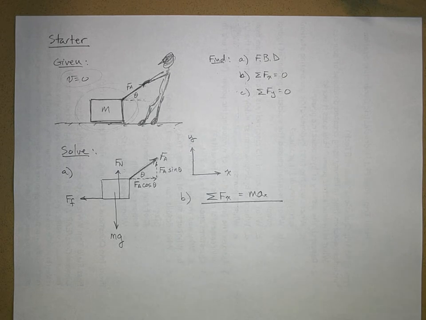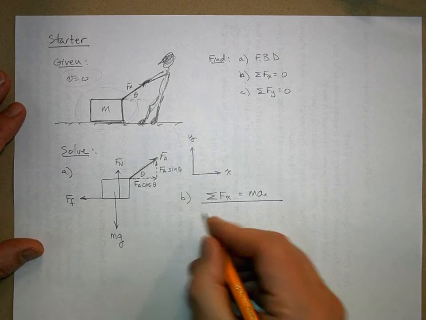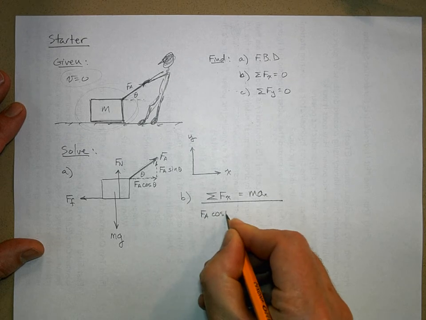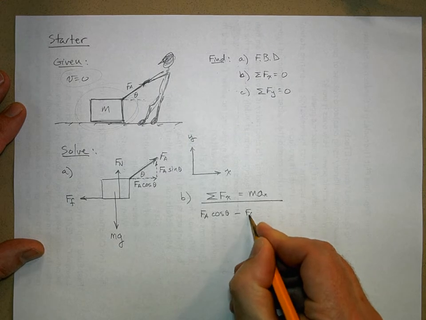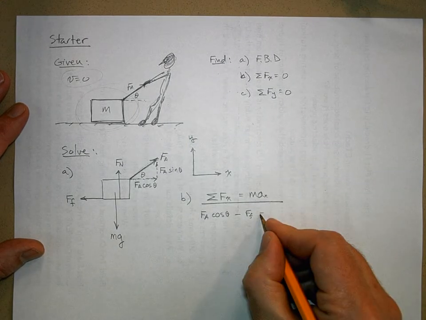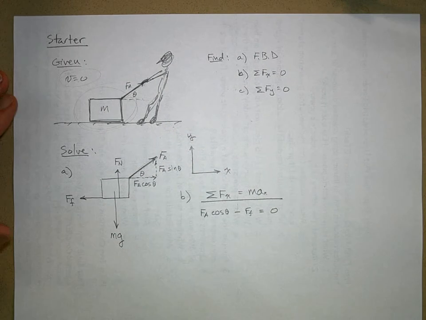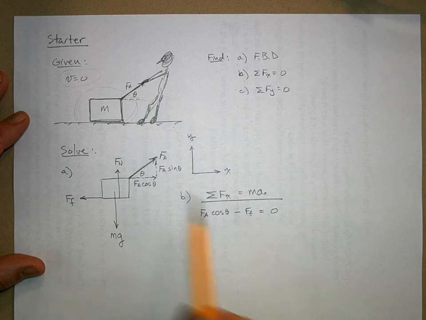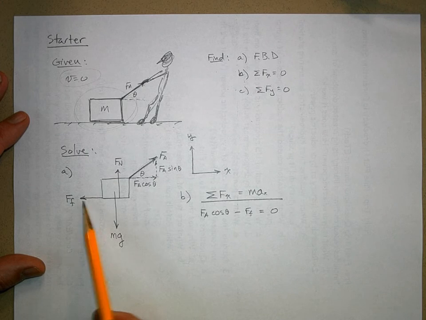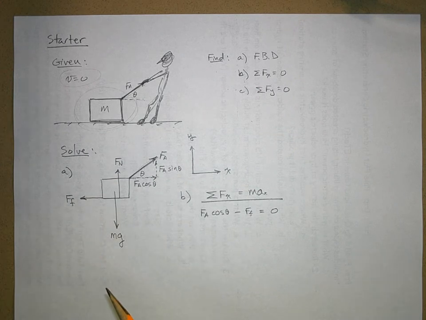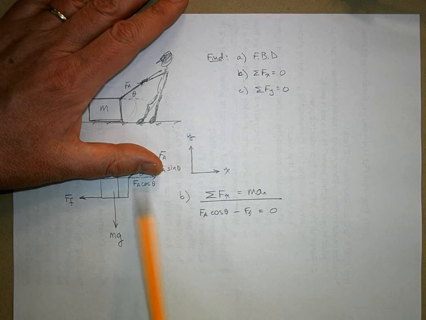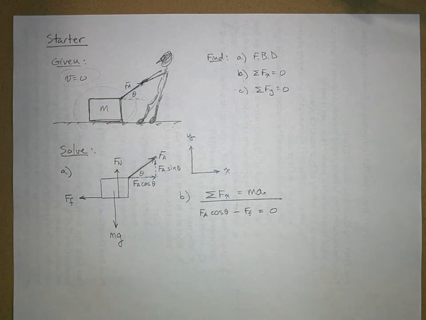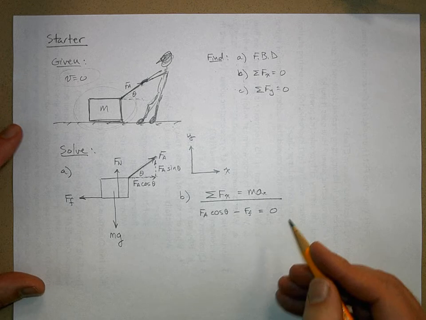Only a component of it is this. And it's pulling to the right, which is positive x, minus the force of friction equals 0. So this basically tells me that this force right here is equal to the force of friction, which makes sense, doesn't it? In the previous unit where FA was horizontal, we would just say the force of friction will be equal to FA, and it's not. Now it's equal to FA times the cosine of the angle.